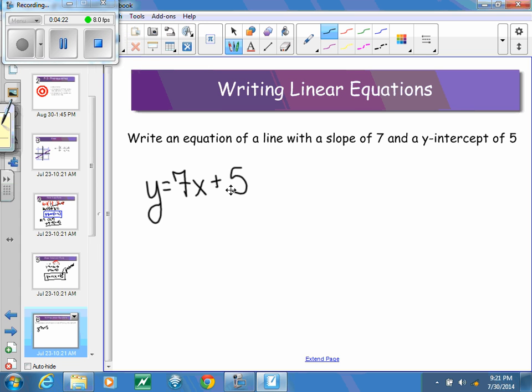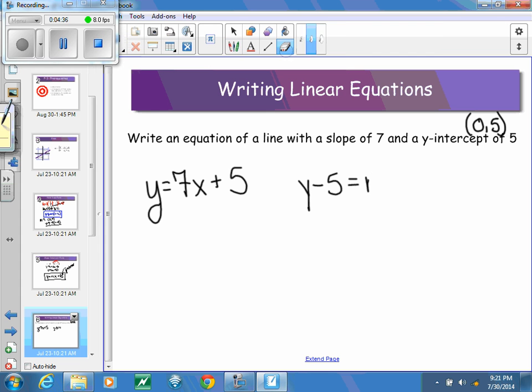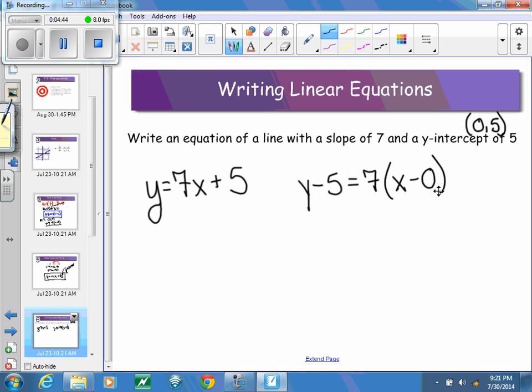If you wanted to do point-slope form, since your y-intercept has the point of 0, 5, we could go ahead and plug in y minus 5 is equal to our slope, which is 7, times the quantity of x minus 0. And there's your point-slope form. So slope-intercept, point-slope, there they are.